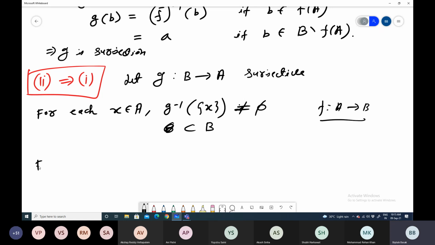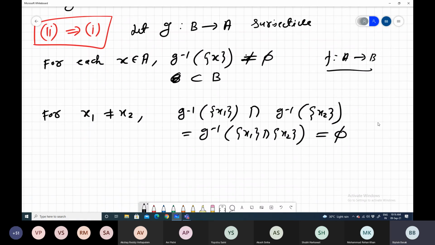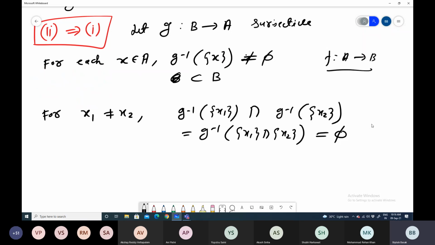And also for x1 not equal to x2, we have g inverse x1 intersection g inverse x2, which is the same as g inverse of x1 intersection x2, that is empty. Okay. Now we can define a function.